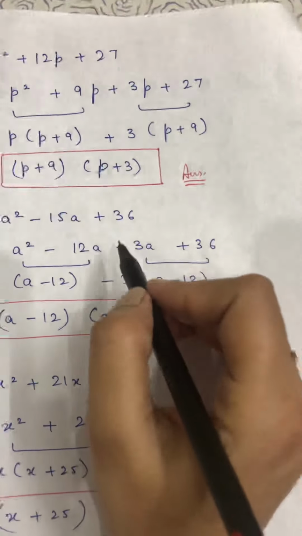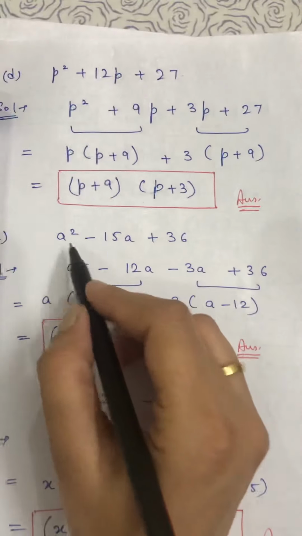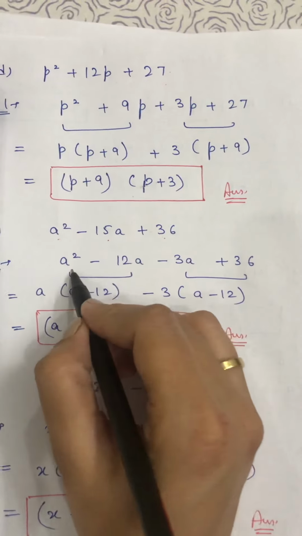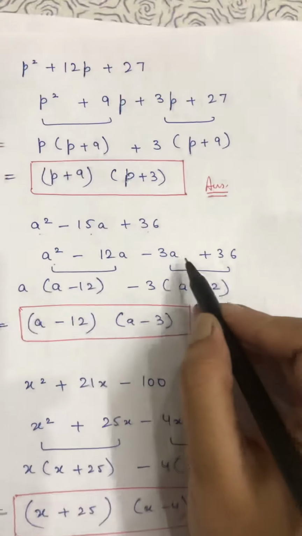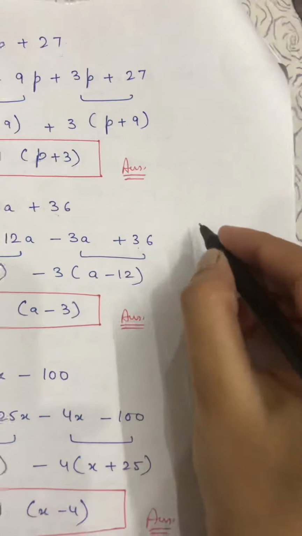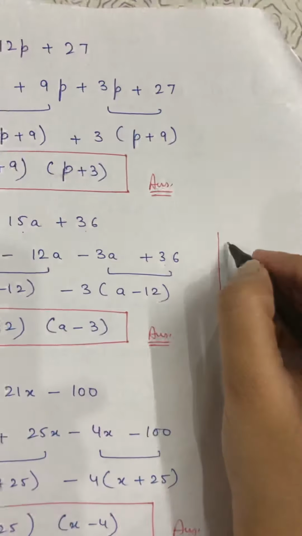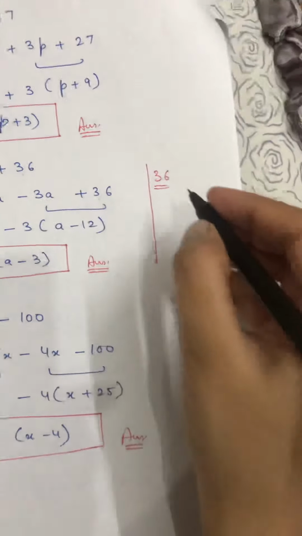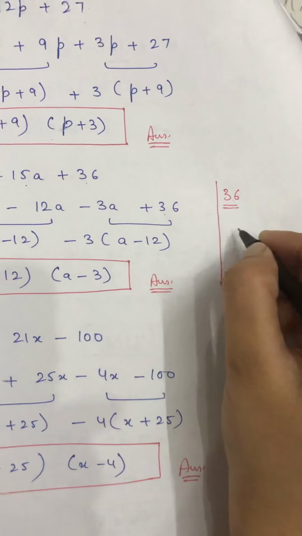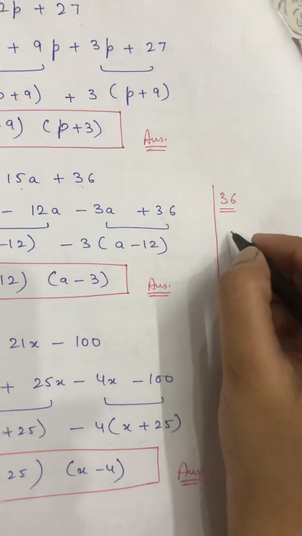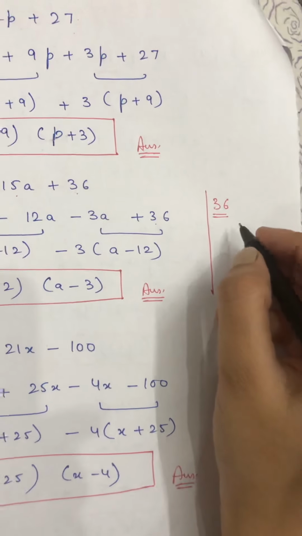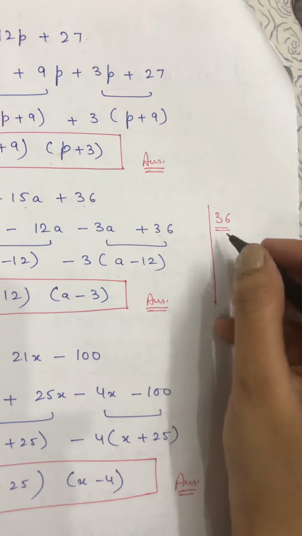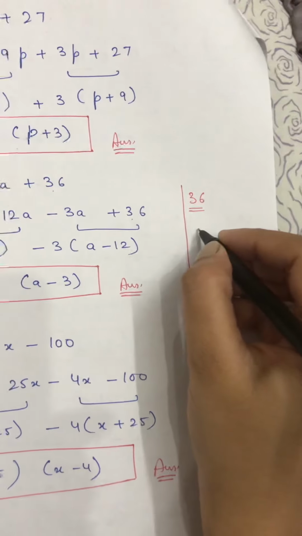Okay, the E part is a square minus 15a plus 36. Write down this term as it is and this term as it is, plus 36 as it is. Now you have to make factors of 36. Factors of 36 will be, you have to multiply like 3 into 12.